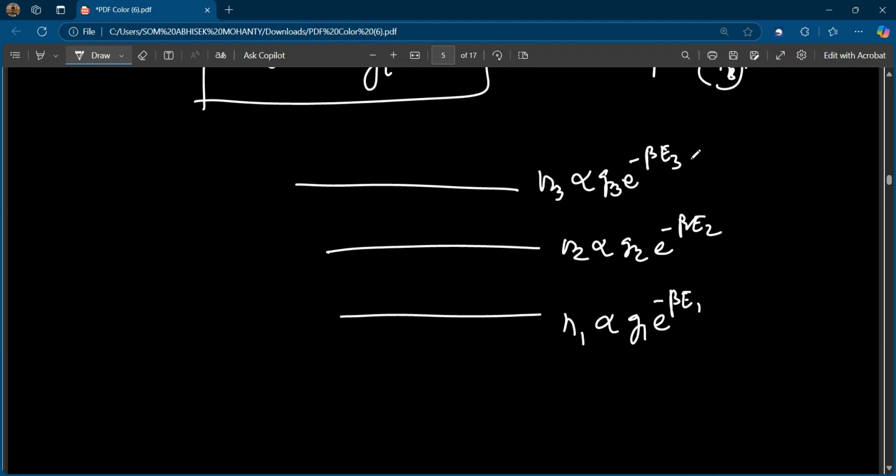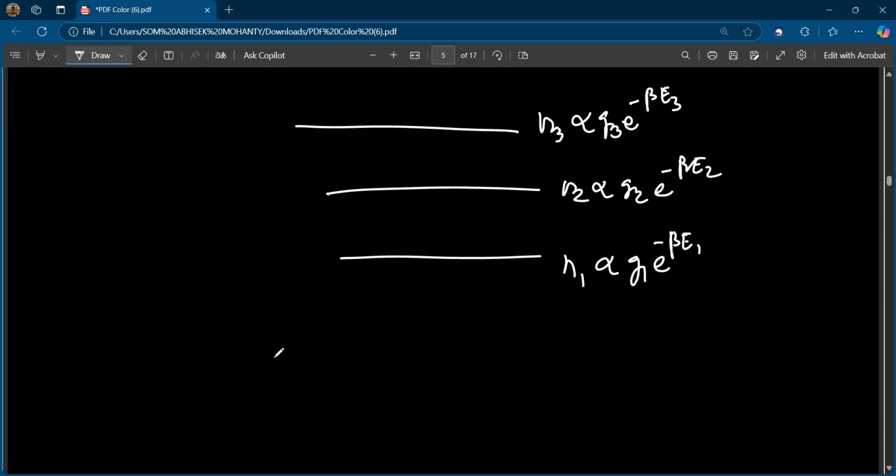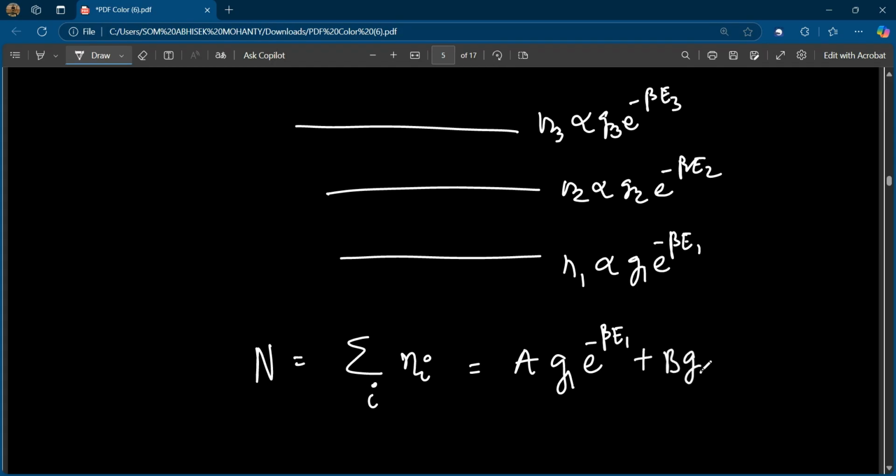If we total, the total N will be the summation of Ni, so N1 plus N2 plus N3. Suppose we remove the proportionality: A G1 e to the power minus beta E1 plus B G2 e to the power minus beta E2 plus C G3 e to the power minus beta E3. So this is your N.